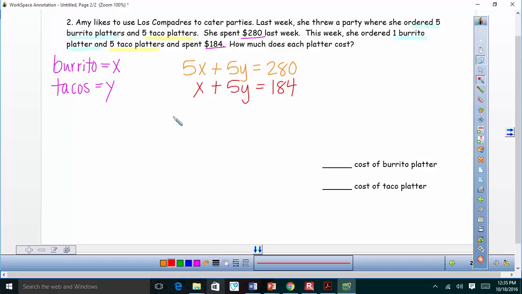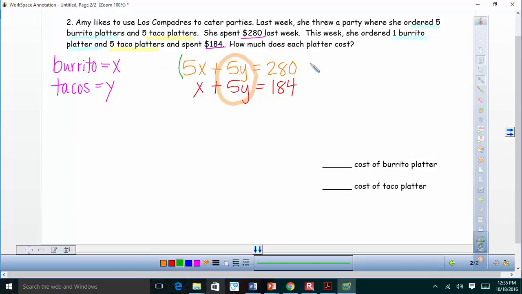Okay, so if we want to do elimination, do we want to make our x's or our y's the same? Y's? Okay, so what do I need to do to make them same number, opposite sign? Okay, which one, top or bottom equation, do you want to multiply by a -1?